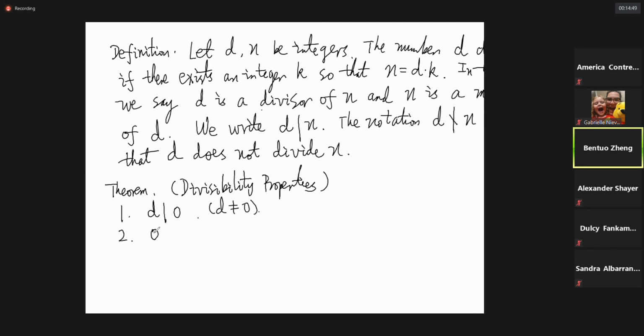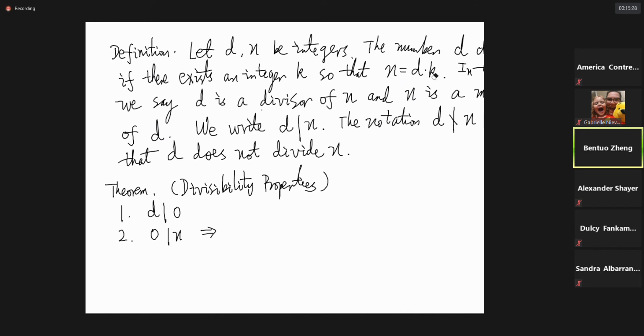And 0 divides n would imply... well, in our notation there's a special case, that is 0 divides n, because by this definition, if 0 divides n, which means n is equal to 0 times k.